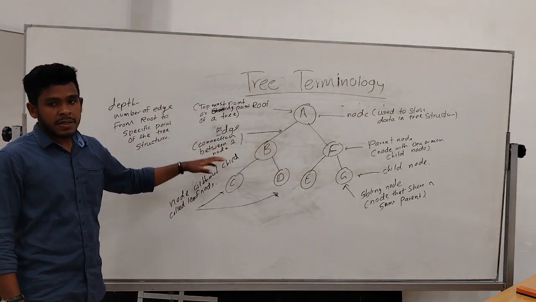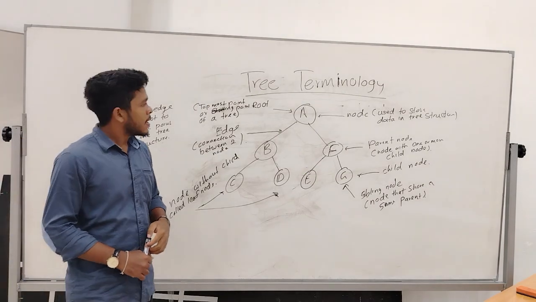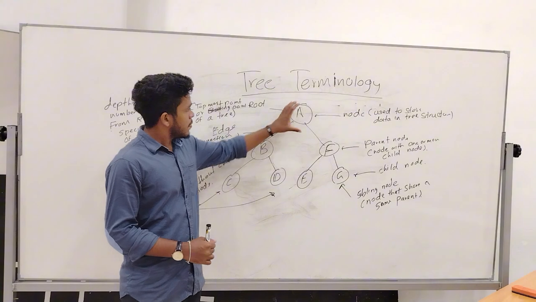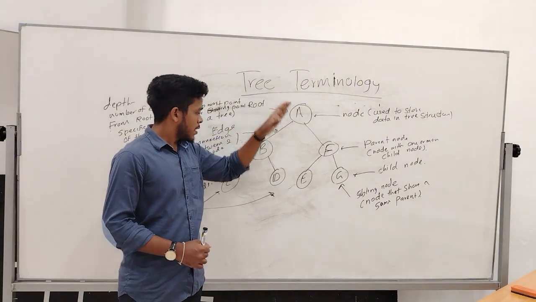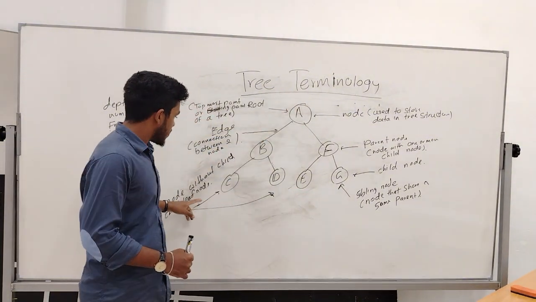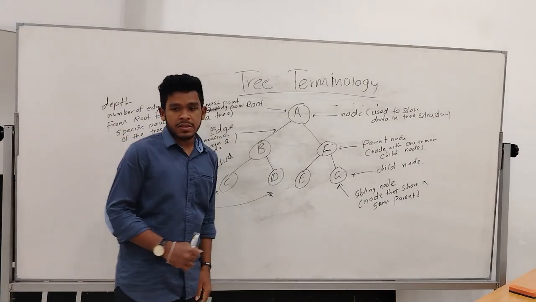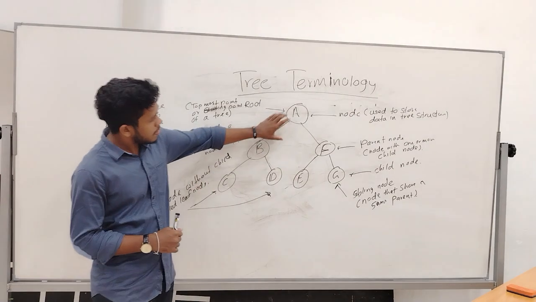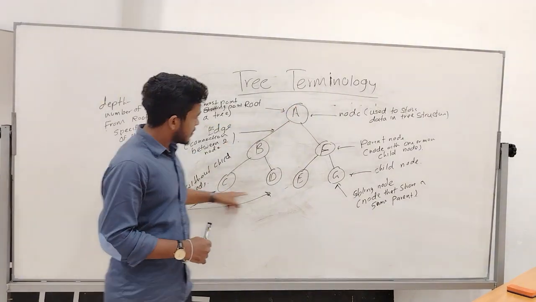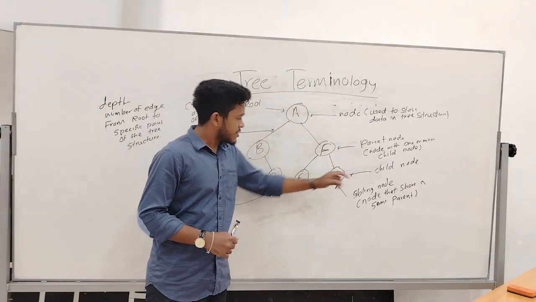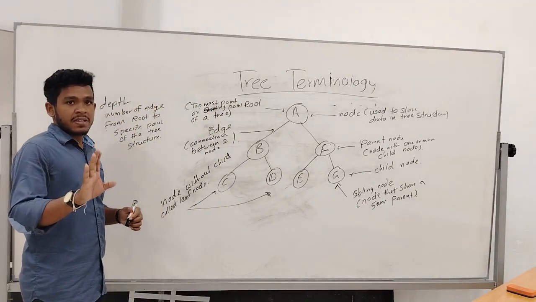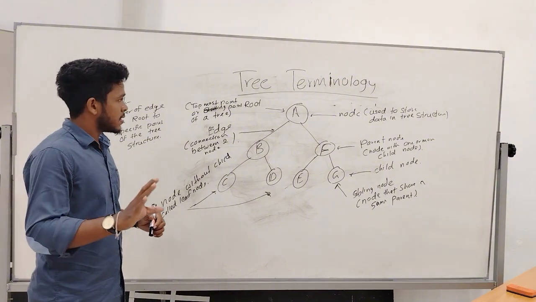Then the height is the number of edges from the root node to the final level of the tree structure. The number of edges from the root node to the final level of the structure is called the height, and it is the longest path.